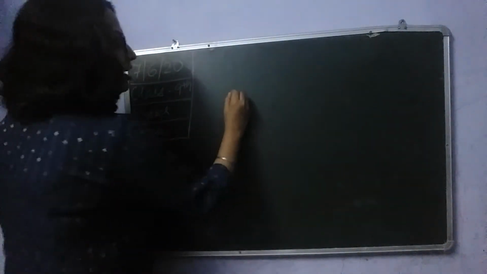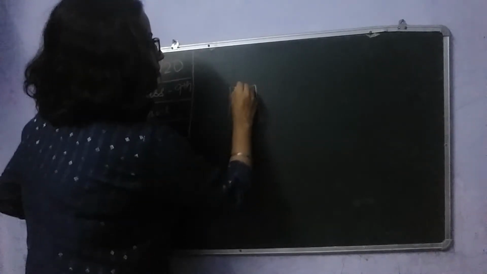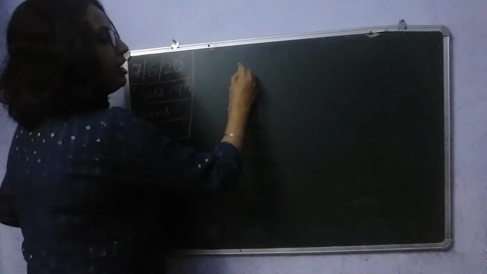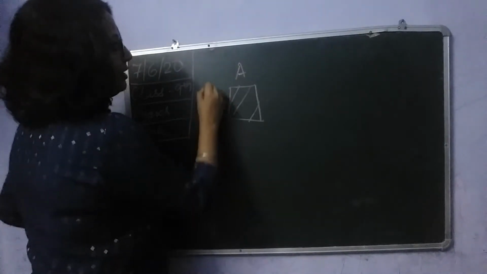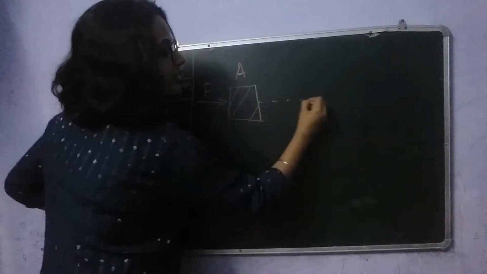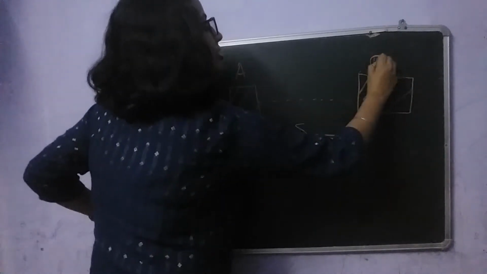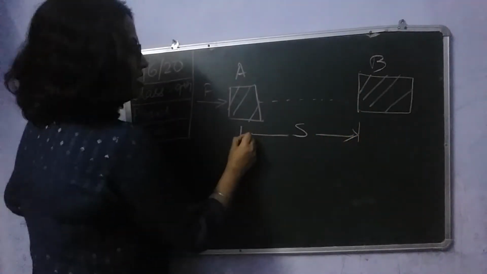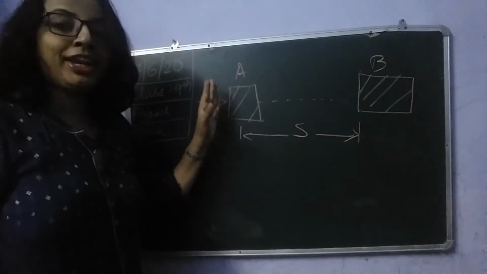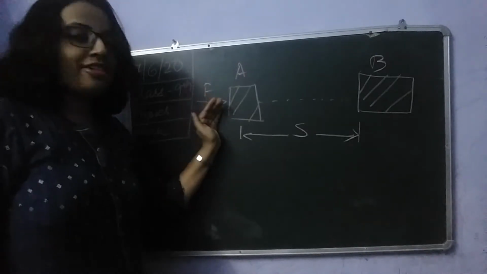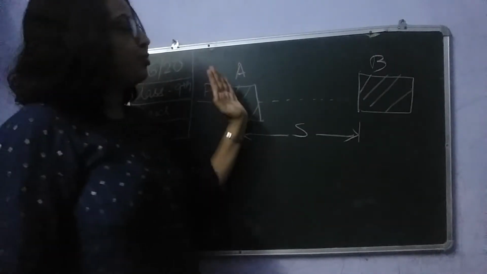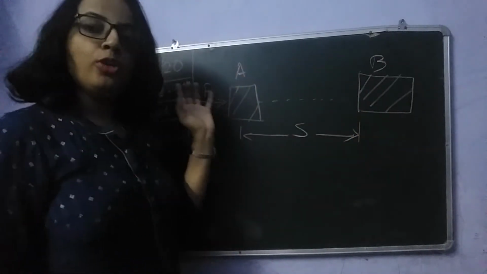Suppose there is an object at point A and a force F is applied on it, and this creates a displacement of S. By applying force F, the object moves from A to B. This is called work done.